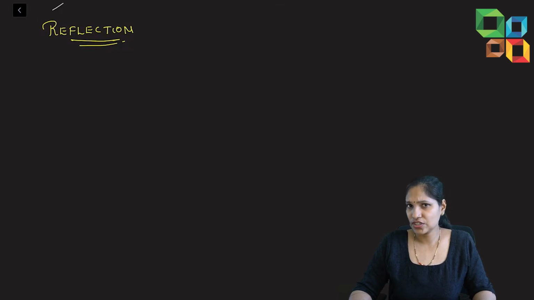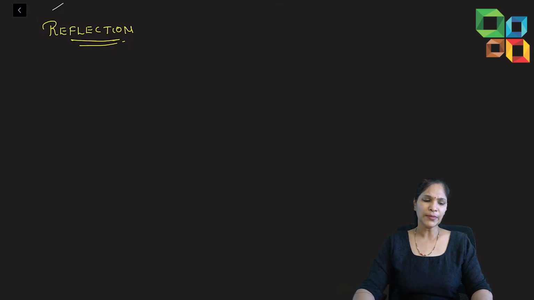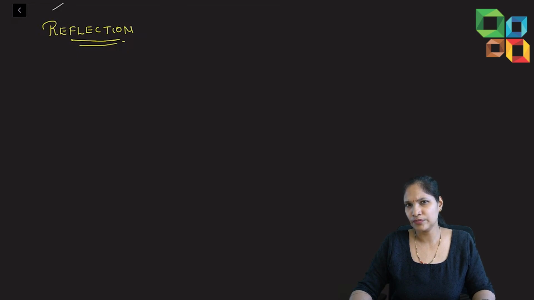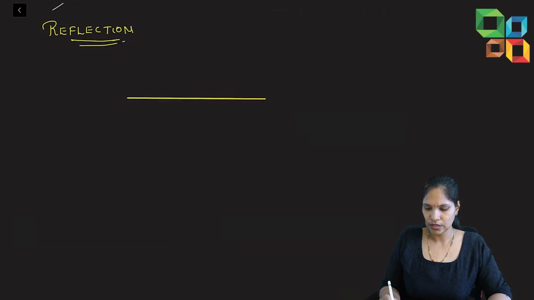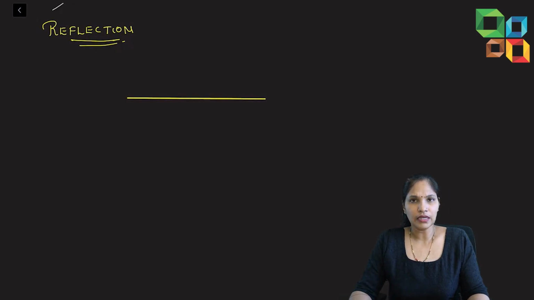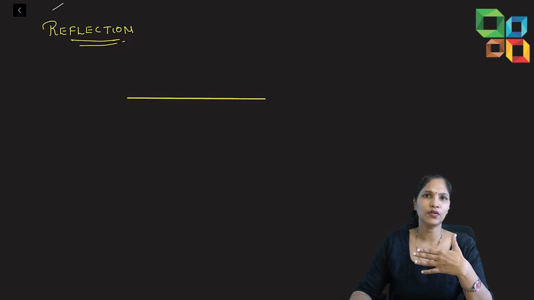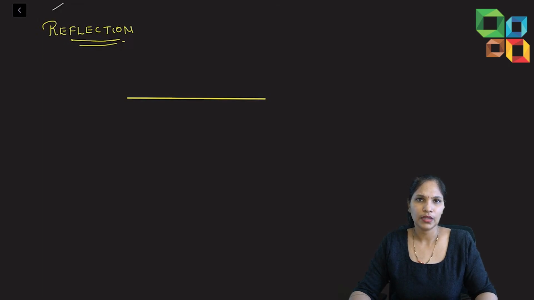Even for reflection to happen, a kind of optical surface has to be there, something like a transparent surface. But if the surface is fully transparent, then we know that light can pass through it. So, say for example, you have a glass surface like this. You make one side of the glass opaque so that the light can't pass through it.